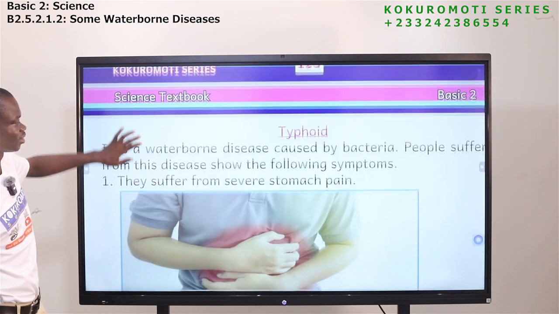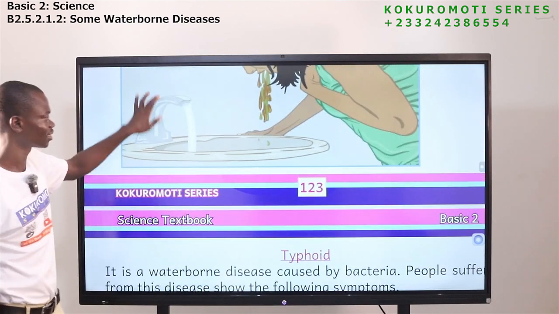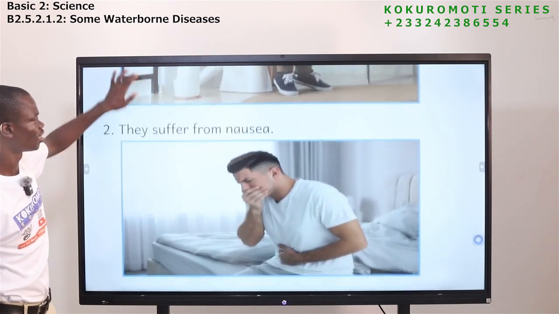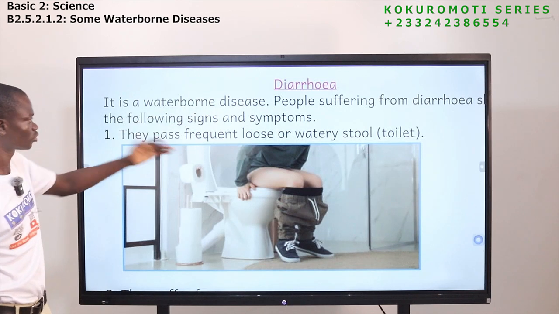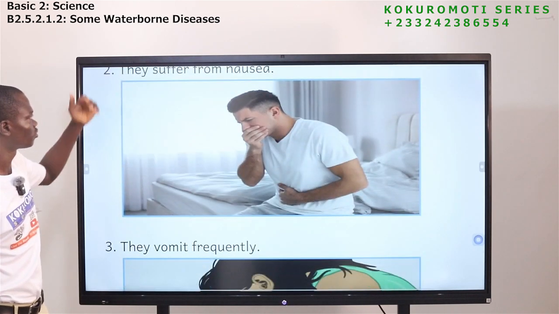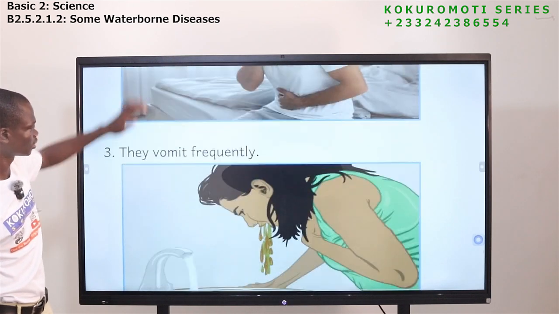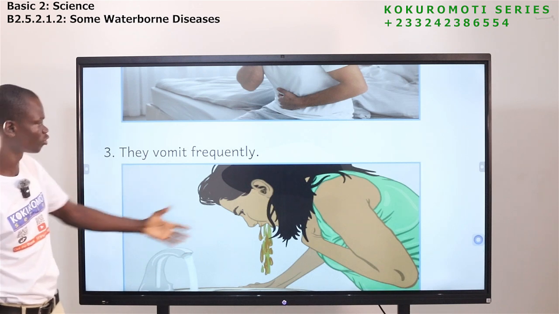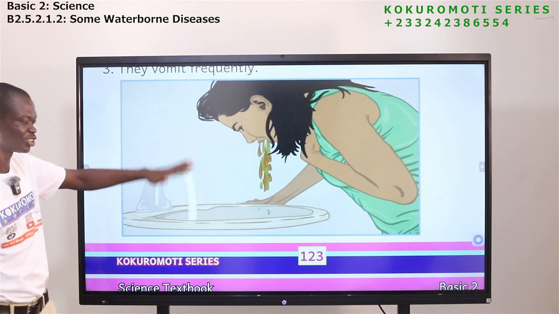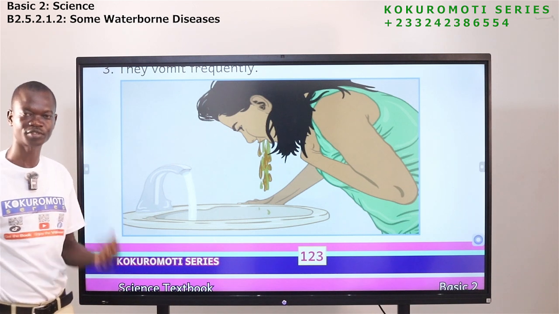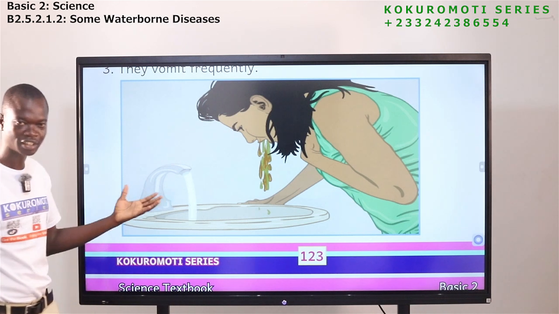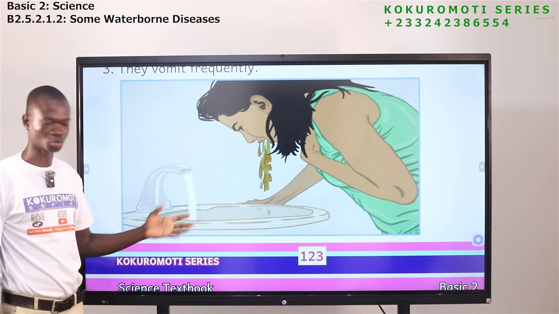Now we have seen signs and symptoms for what? Diarrhea. 1, watery stool. 2, suffering from what? Nausea. And then those who will also be vomiting, they vomit. So these are the 3 things that you should know, that if someone is suffering from what? Diarrhea, these are the things that the person will go through.